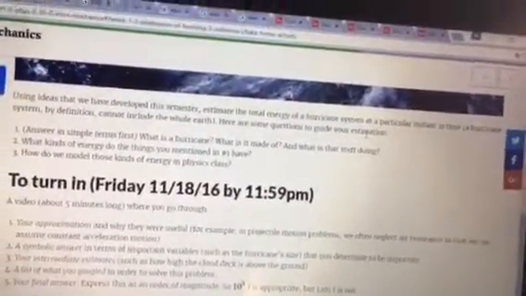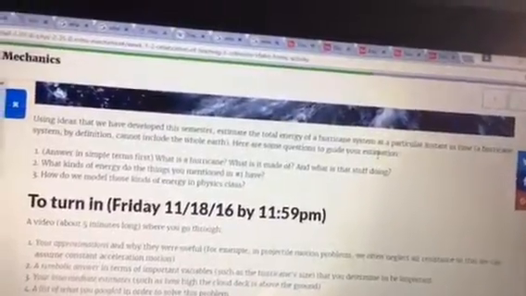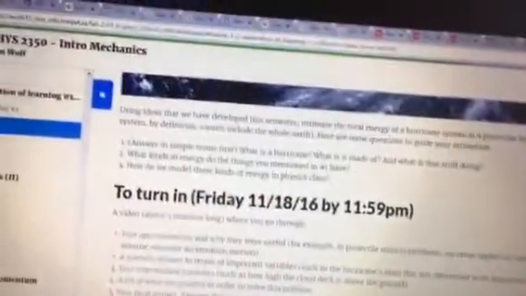So you can multiply each one of these values by the particular time step.